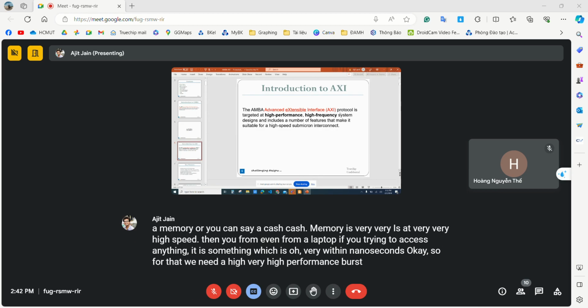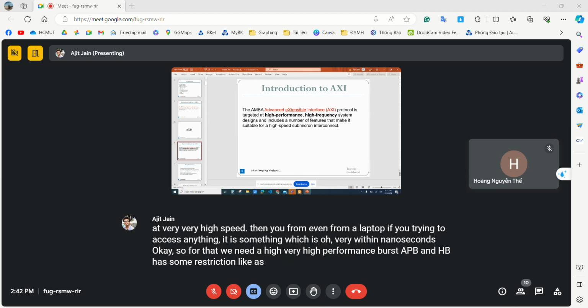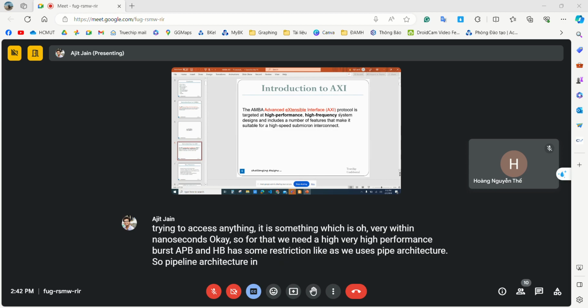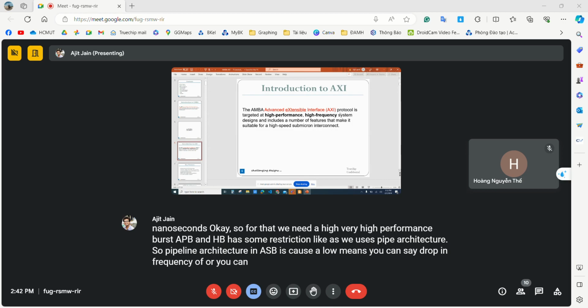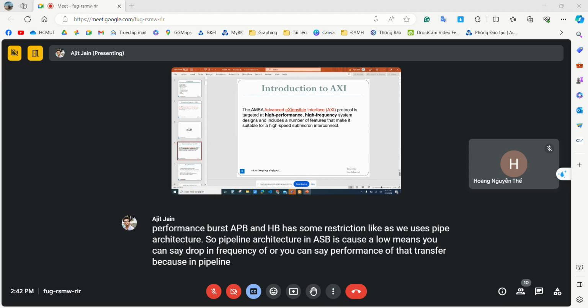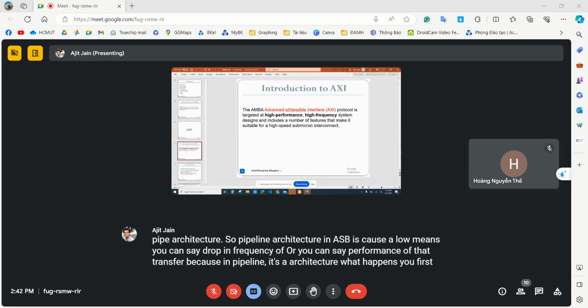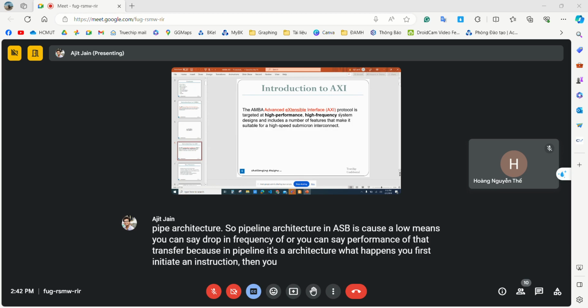APB and AHB have some restrictions, like AHB uses pipeline architecture. Pipeline architecture in AHB causes a drop in the frequency, or performance, of that transfer, because you first initiate an instruction, then you wait for one cycle, and then you get data on the next cycle.